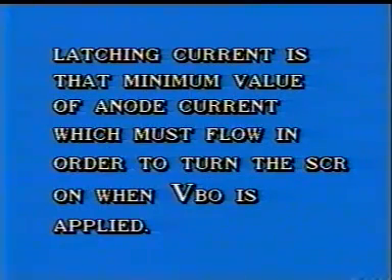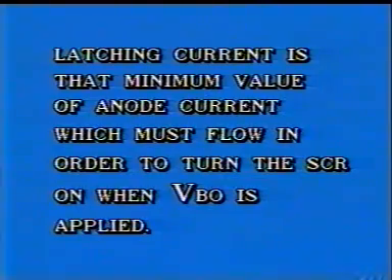Latching current is that minimum value of anode current which must flow in order to turn the SCR on when VBO is applied. Generally, latching current is almost equal to holding current but slightly less than it. Both are of the order of a few milliamperes.